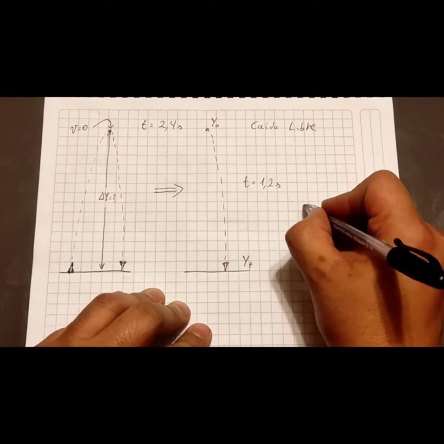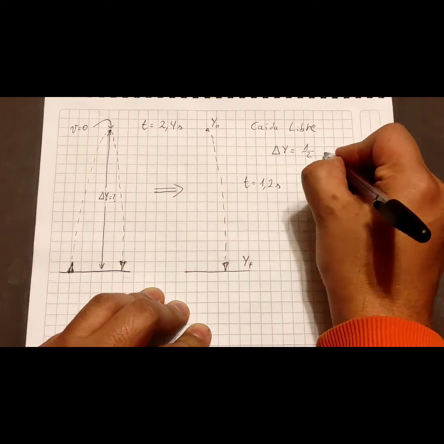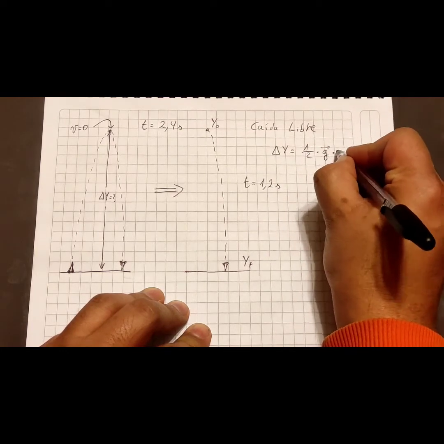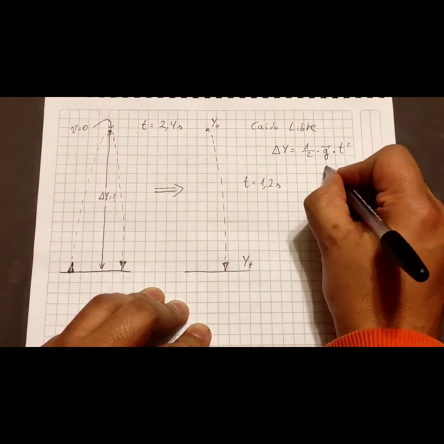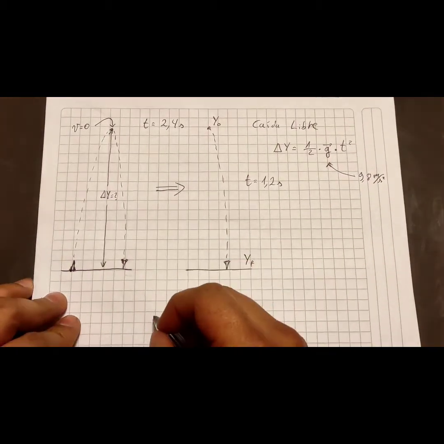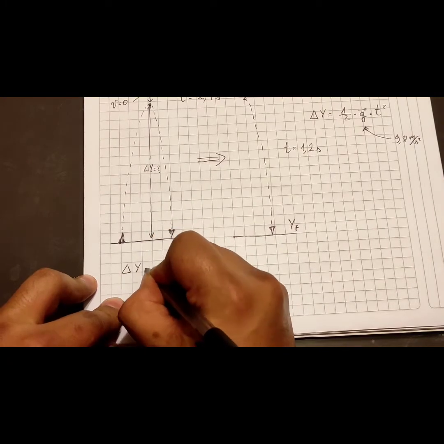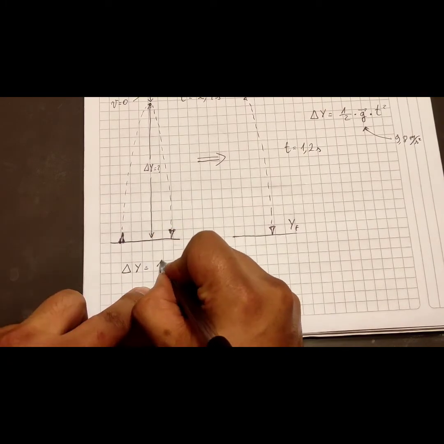This is 1.2 seconds. The vertical displacement is equal to the half of the gravitational acceleration multiplied by the square of the time. Acceleration is negative 9.8 meters per second square. G is negative because the acceleration points downward.